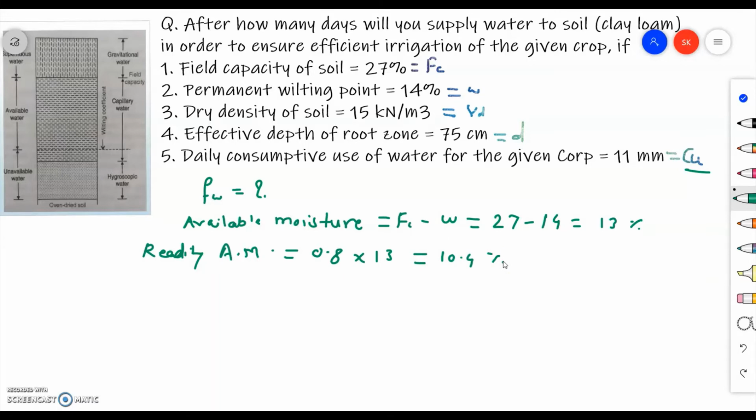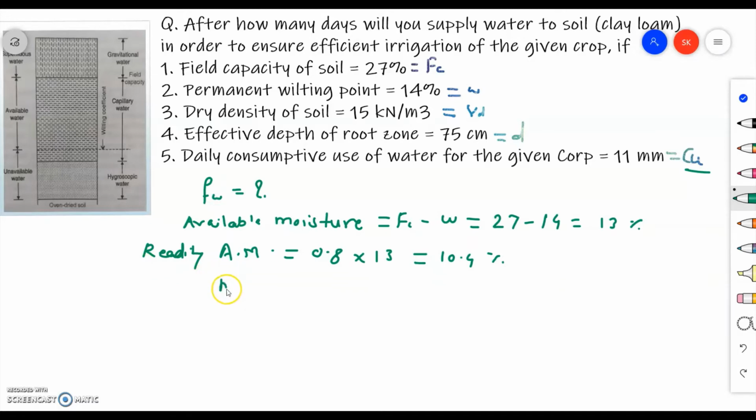Now we'll find out the lower limit of this readily available moisture. We can represent it as M0. The lower limit of the available moisture is the wilting point. In the same way, readily available moisture is just above the wilting point, and we need to find out the lower limit of this readily available moisture, which we represent by M0.